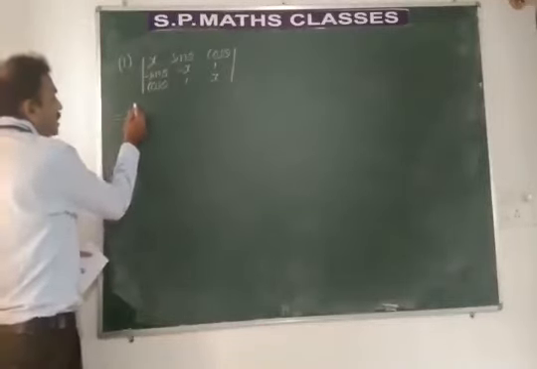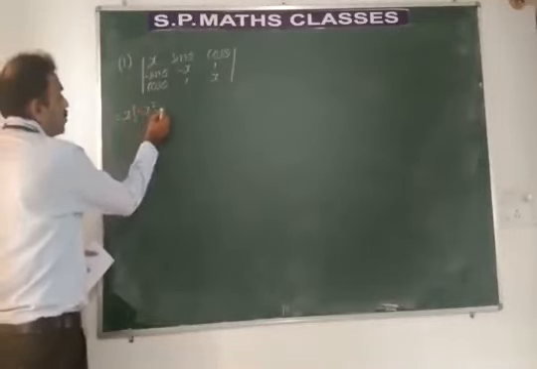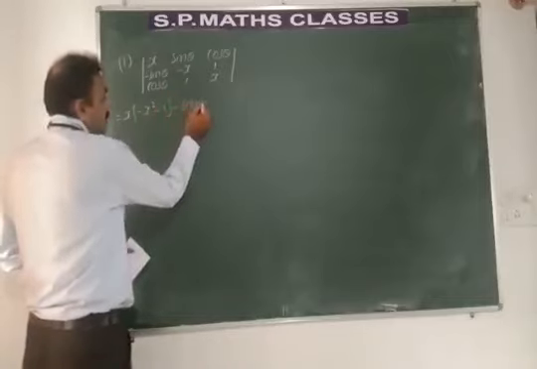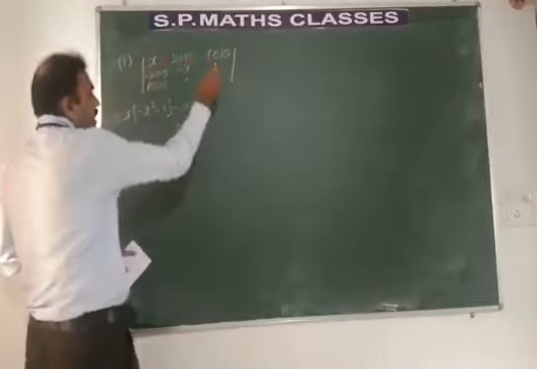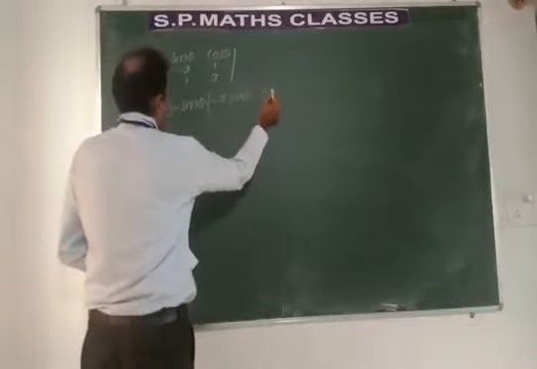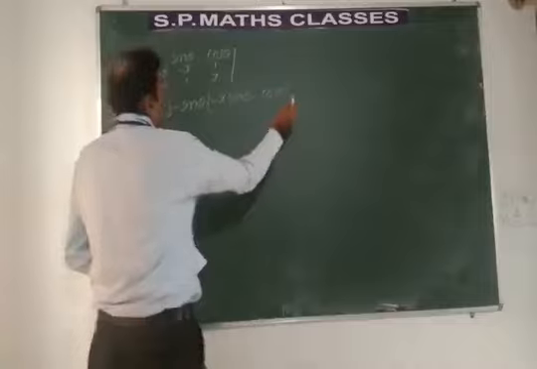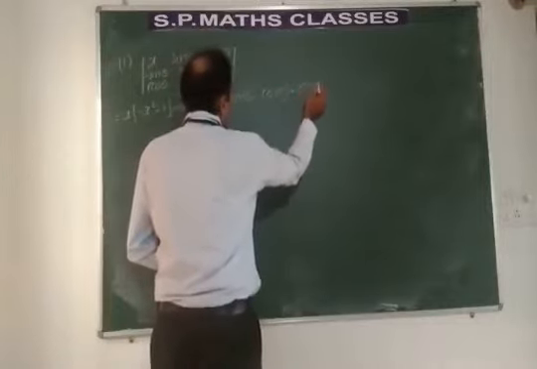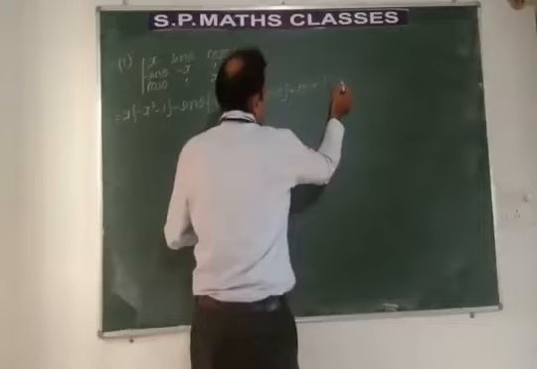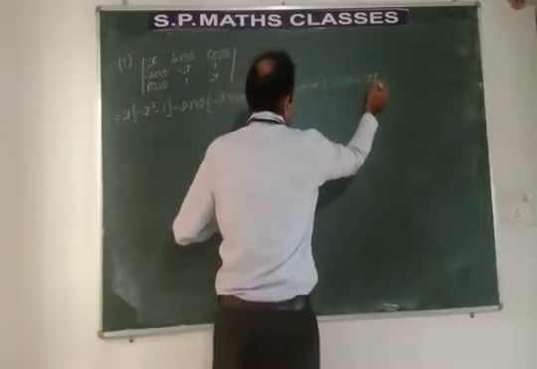Let us write x into minus x squared minus 1. Minus sin theta, you expand this, minus sin theta into minus x sin theta minus cos theta, plus cos theta into, expanded, cos theta into minus sin theta plus x cos theta.